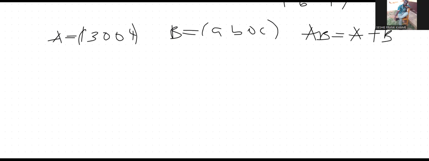Horizontal. So the whole horizontal times the vertical.